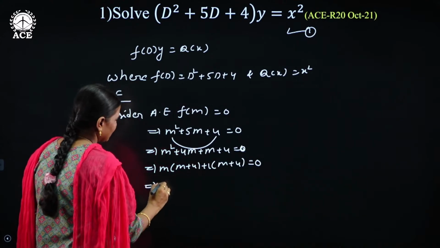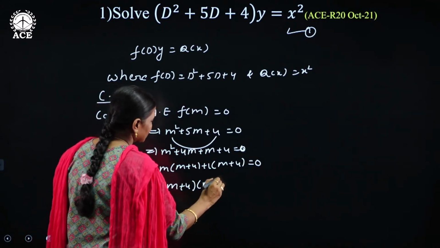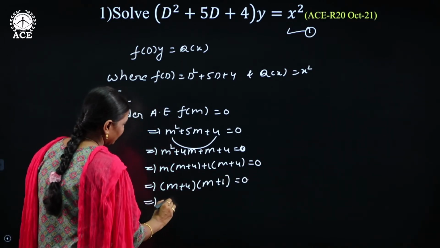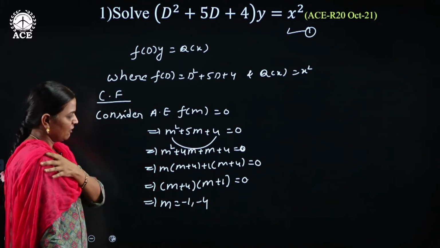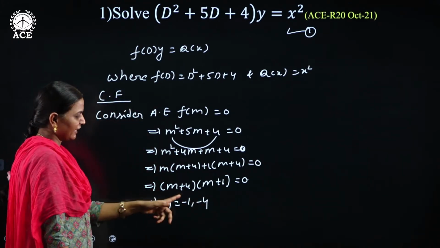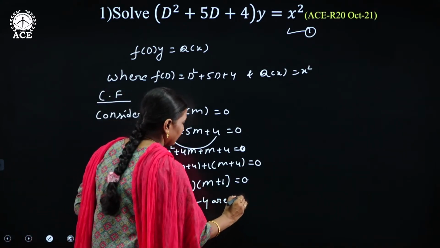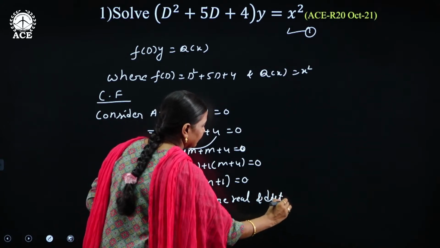The factors are m plus 4 into m plus 1 is equal to 0. So the roots are m is equal to minus 1, minus 4. When the roots are minus 1 and minus 4, what is the nature? Here the roots are real and distinct.